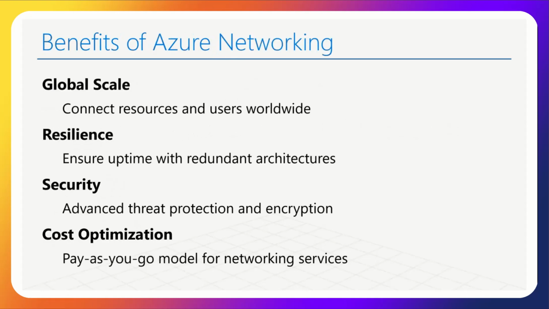The benefits: global scale, resilience, security, and the pay-as-you-go model, which has changed over the past 15 years or more of using cloud services. The cost of acquiring different services has really changed the landscape, and it continues to. AI is now the new kid on the block.